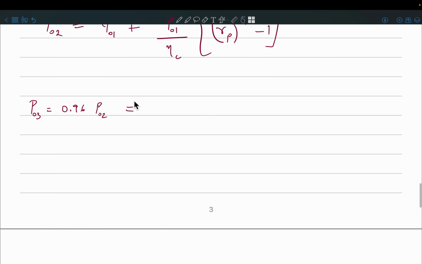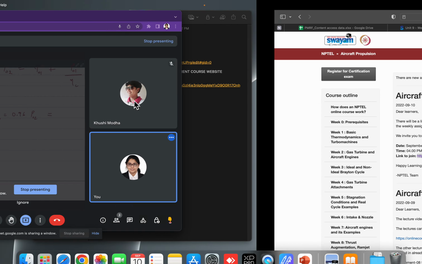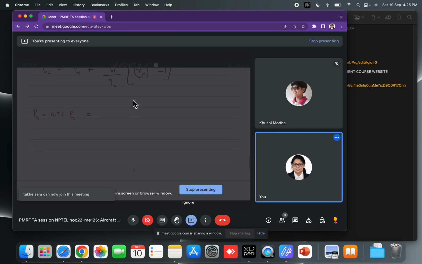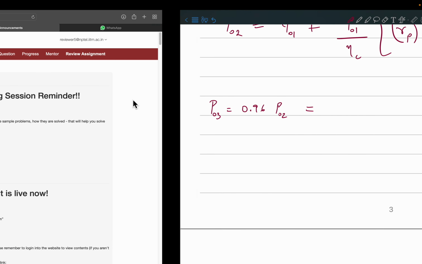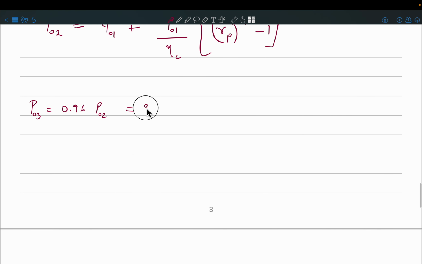Am I audible still? Yeah, okay. 3.7148 bar. Alright. Then the next thing is T03 is given to me as 1180 Kelvin.